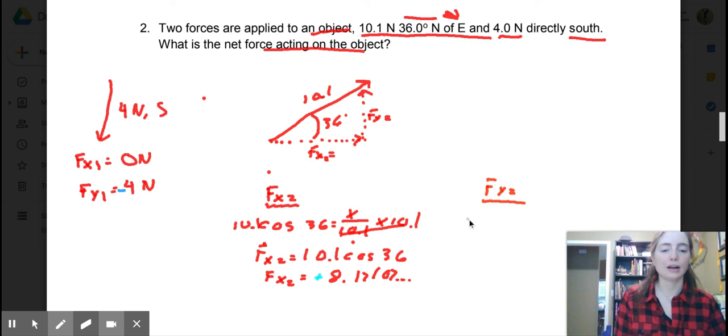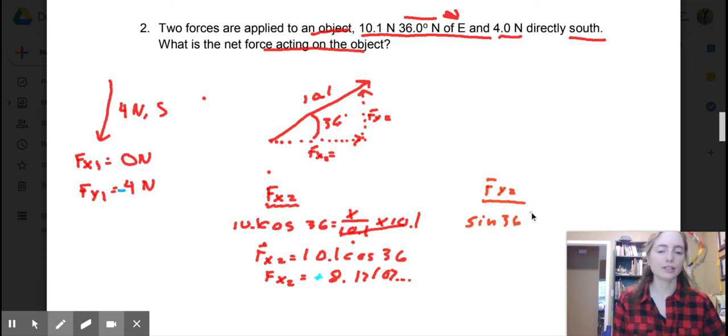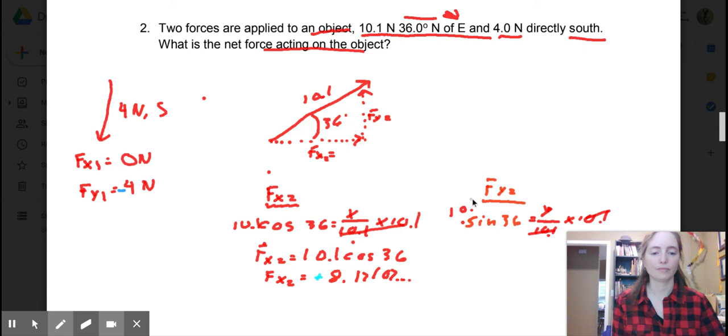So my sine of 36 degrees is going to equal my y over 10.1. Okay, so multiply both sides by 10.1.